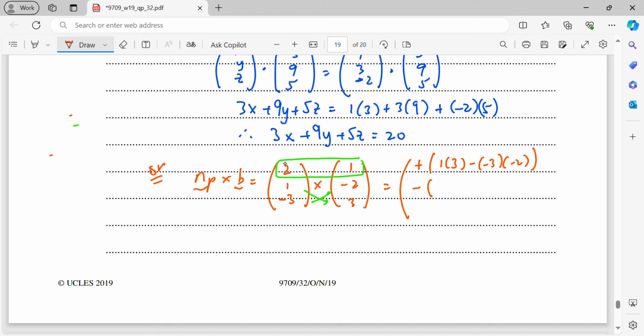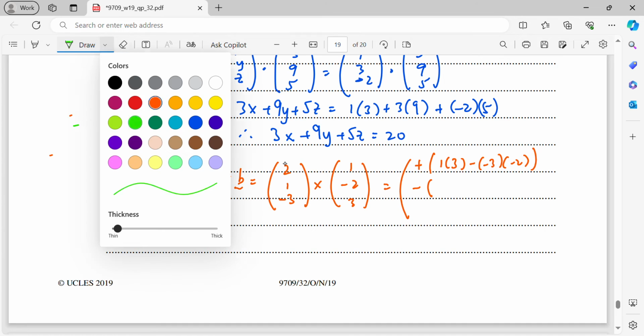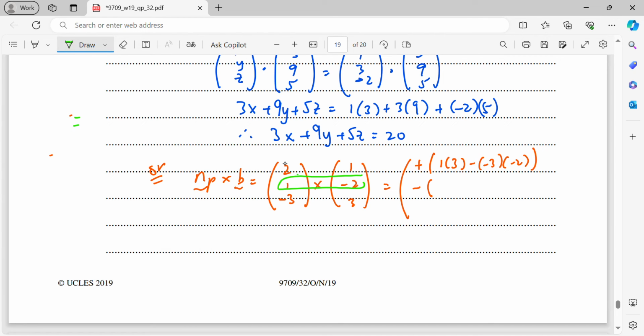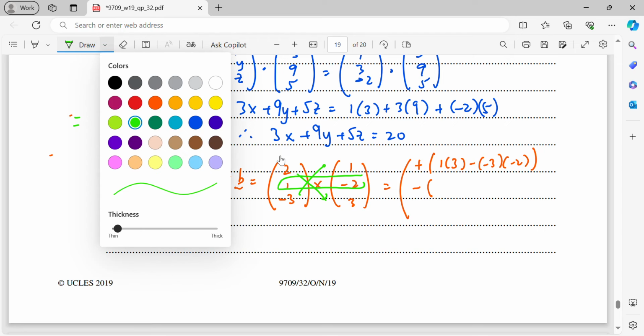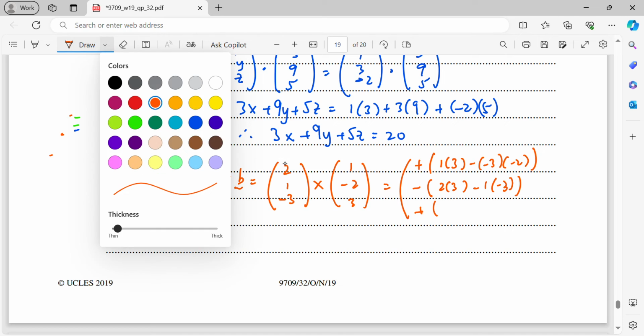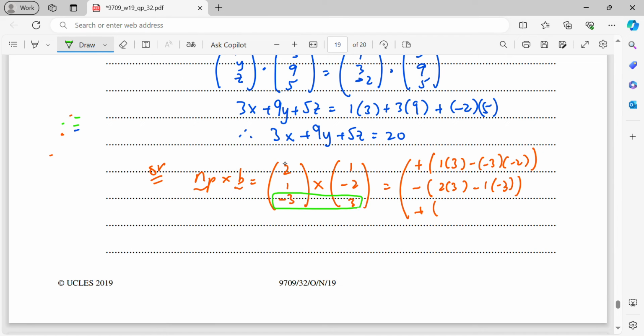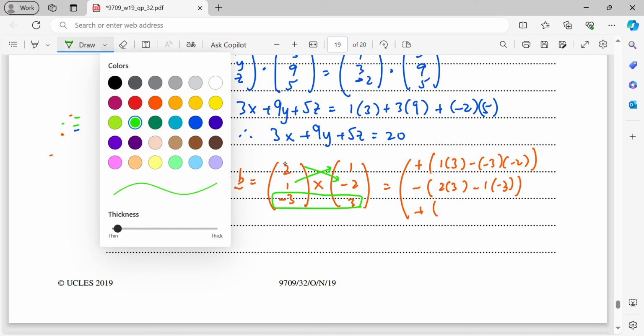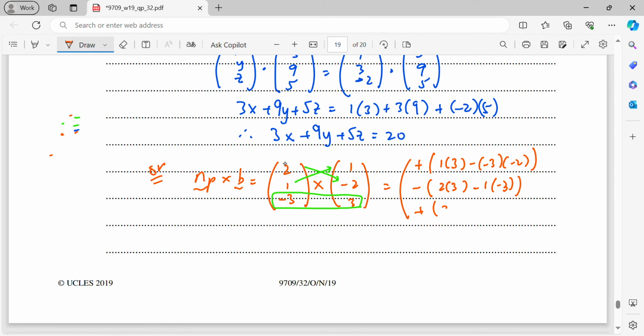Followed by negative. Now you cover the second row. When you cover the second row, then you cross multiply. So that is 2 times 3 minus 1 times minus 3. Same goes to the last row. When you cover the last row, then cross multiply. So that is going to be 2 times minus 2 minus 1 times 1.